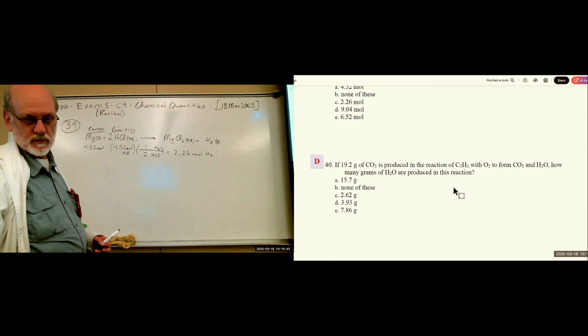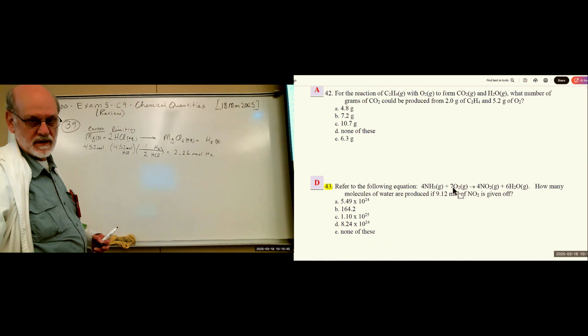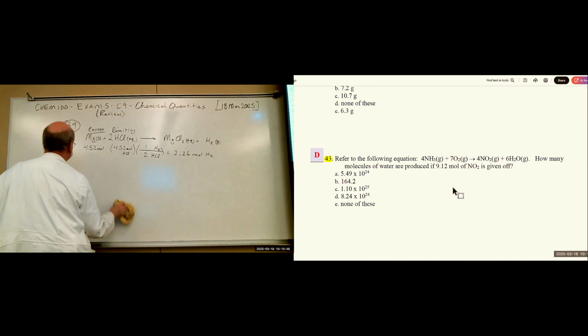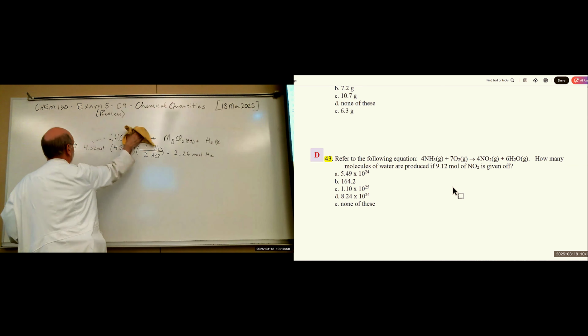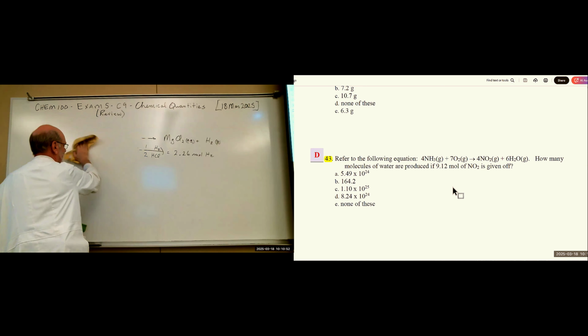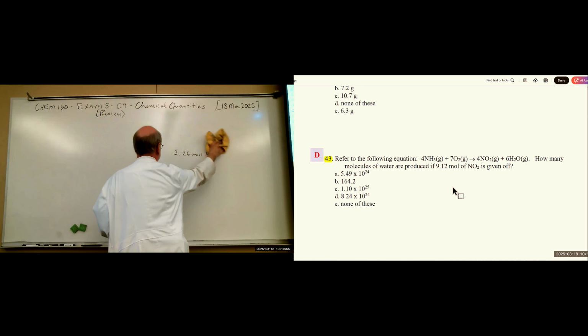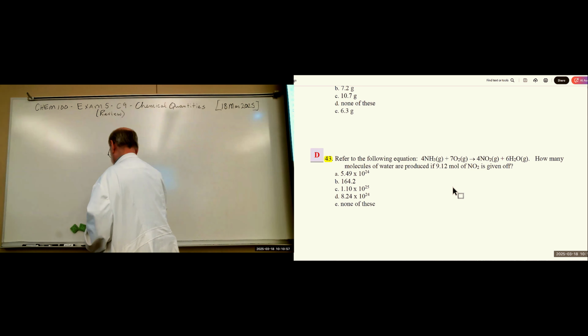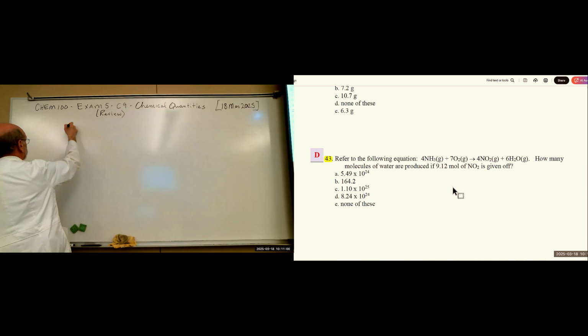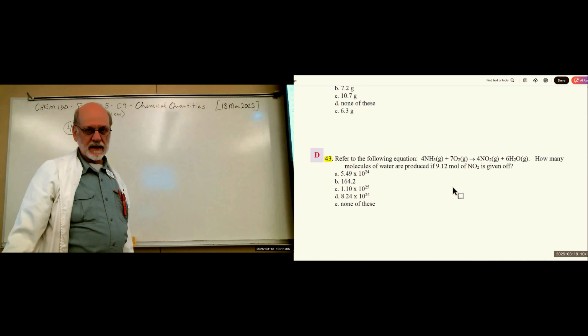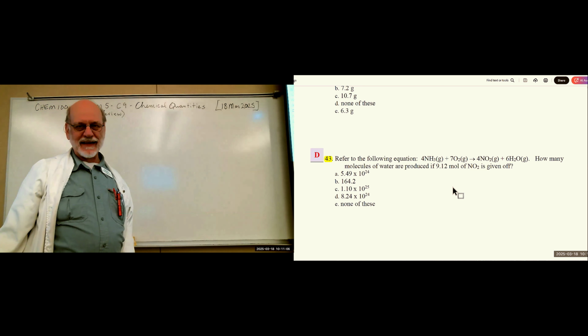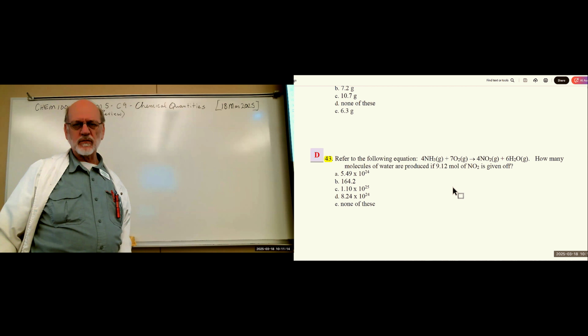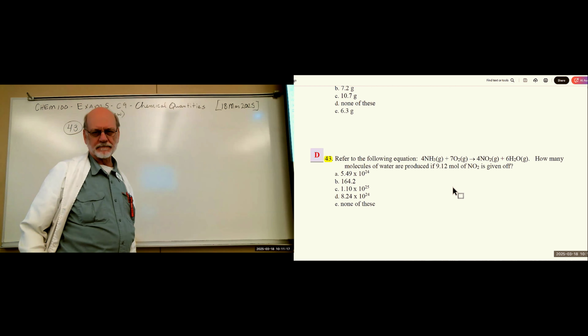All right, next one. 43. Okay, we're gonna combust nitrogen again. We saw that one earlier. How many molecules of water are produced if 9.12 moles of NO2 is given off?